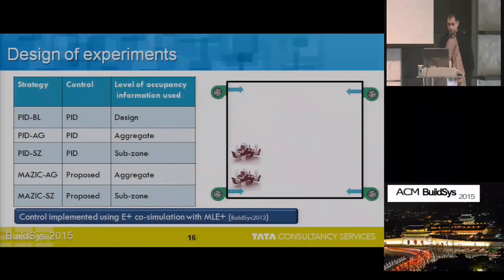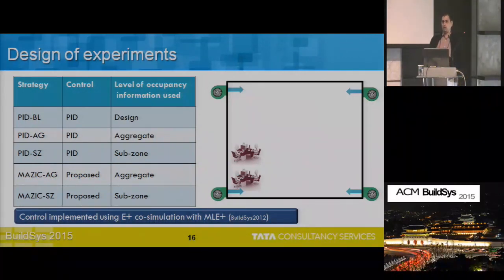Okay. So we compared our proposed control with a standard PID based control, which is being used in our facility. And we have simulated the results using different levels of occupancy information. One is design level information, which is 200, and the aggregate information, where we know the total number of people that are going to be present in the zone, but we don't know spatially how they are distributed.